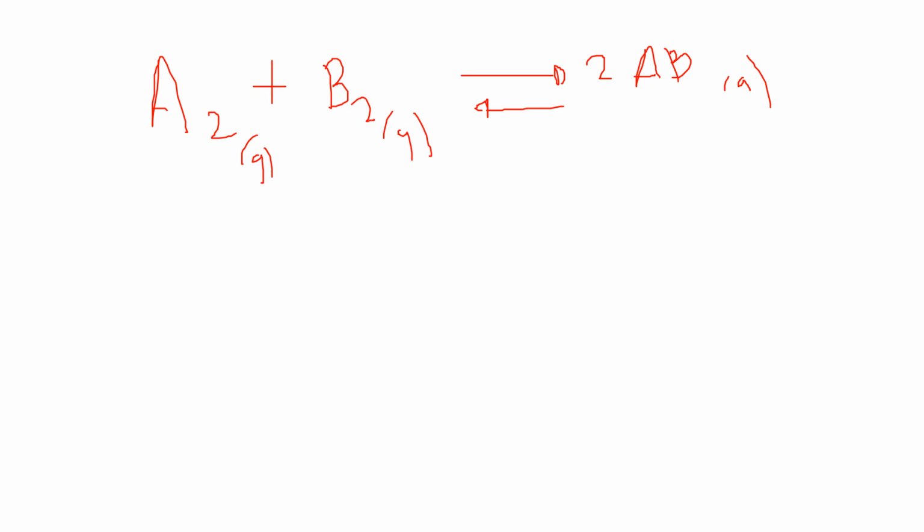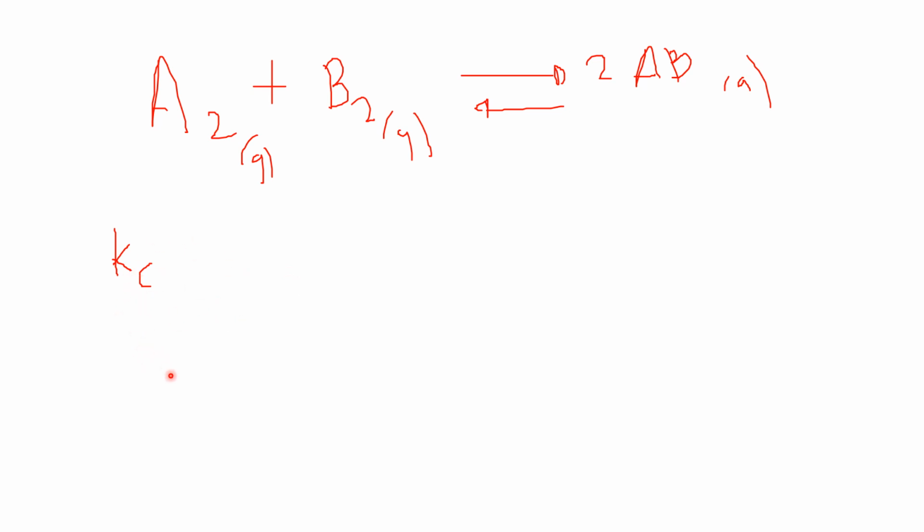So the equilibrium constant is denoted by Kc. From the name of this thing, it is an equilibrium constant. So basically we're going to find this equilibrium constant when our reaction is at equilibrium. So what does this equilibrium constant denote?